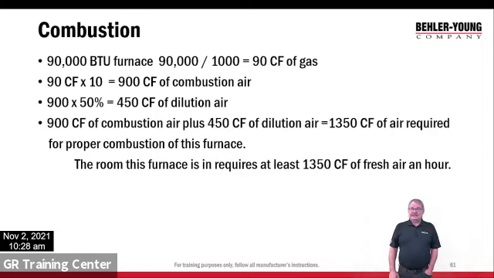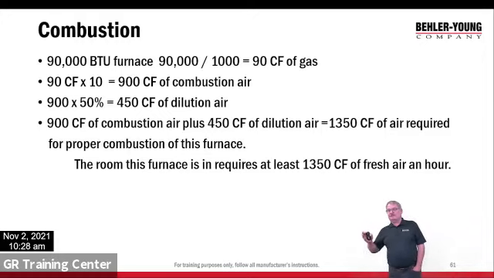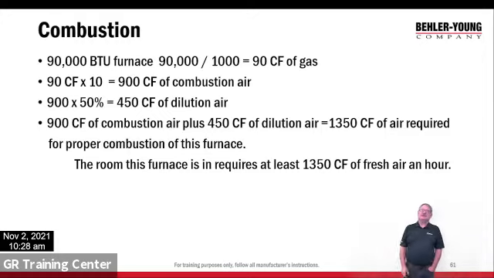Then I get 90 times 5 because I need 50% more of that for dilution air. So that's 450 cubic feet. So 900 cubic feet of combustion air, 450 cubic feet of dilution air, that's 1,350 cubic feet of air required for proper combustion for this furnace. The room this furnace is in requires at least 1,350 cubic feet of air every hour.